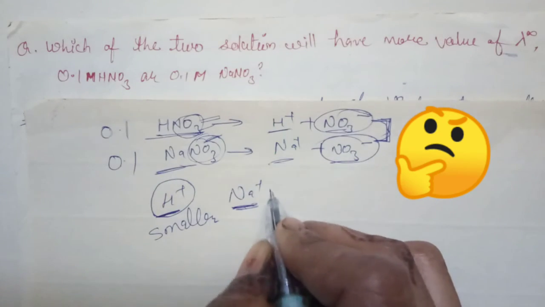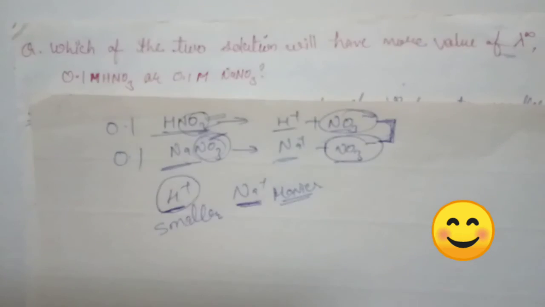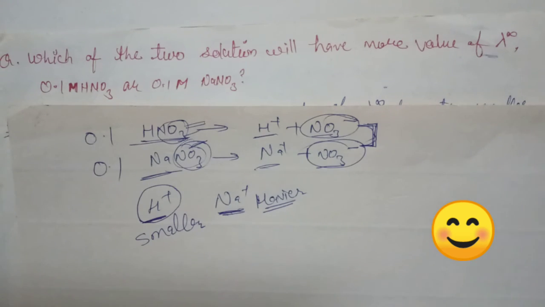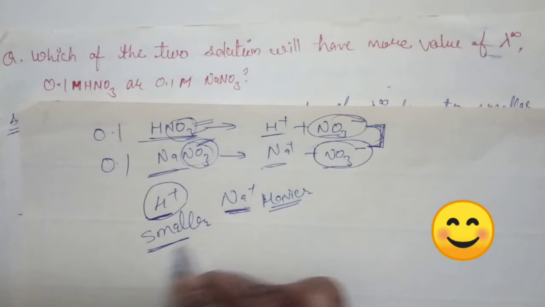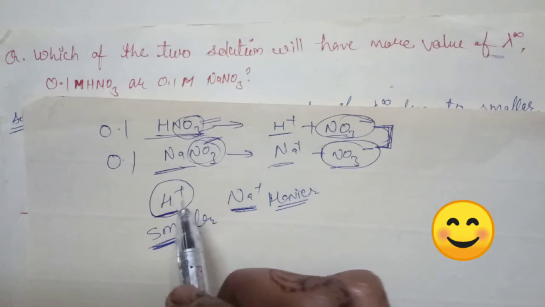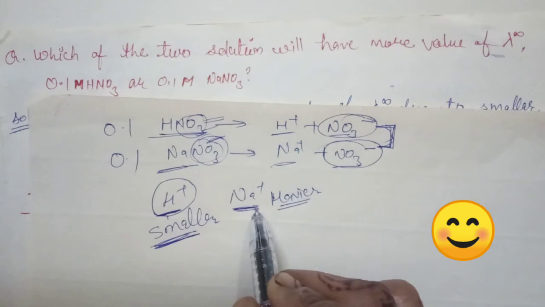Okay, Na plus is heavier. Then which ion will move speedily? The mobility of an ion is more for smaller or lighter ions. So H plus ions have greater mobility than the Na plus ions.